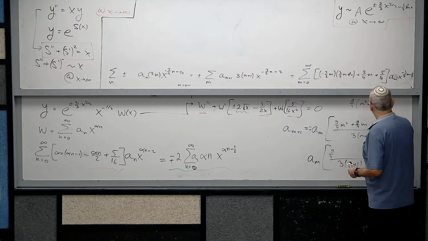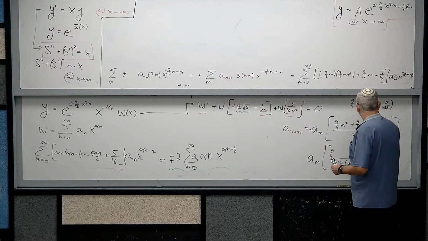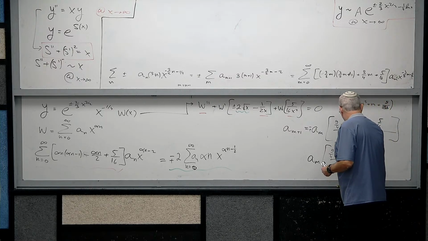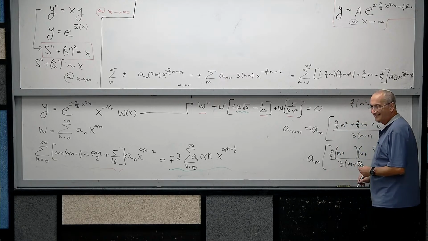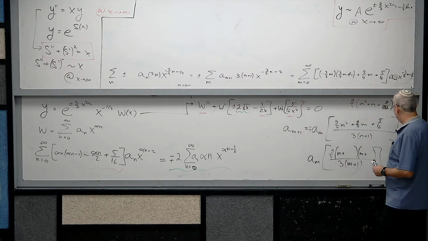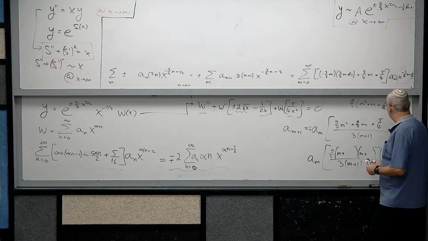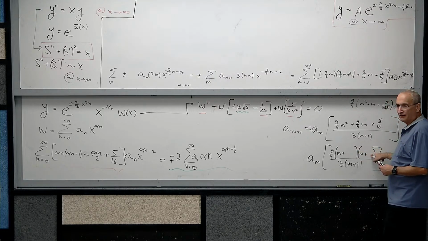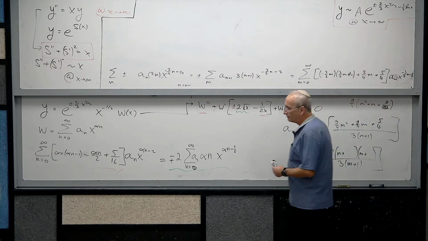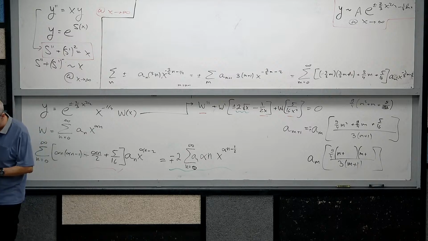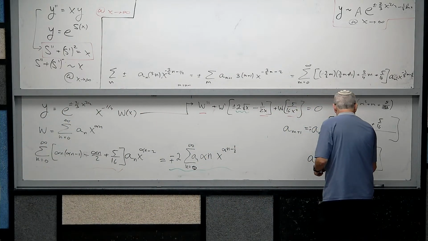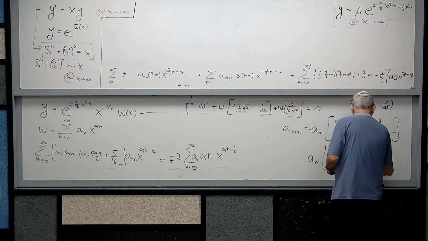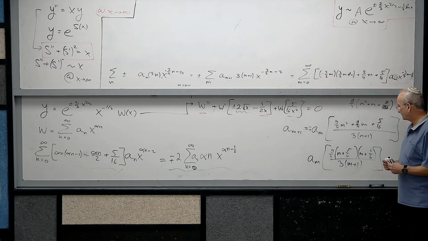And now this is m plus something times m plus something, right? And this plus that should be 1, right? So you can check that it's 5/6 and 1/6. Okay.